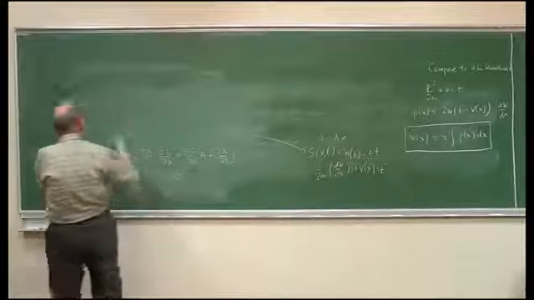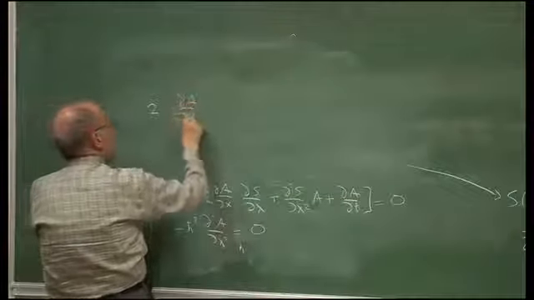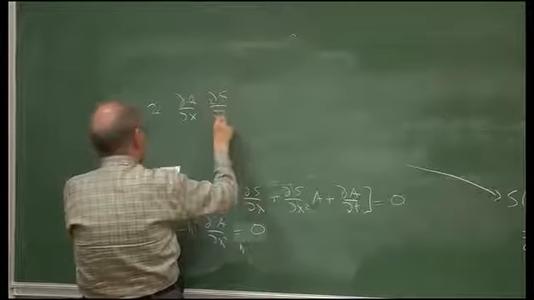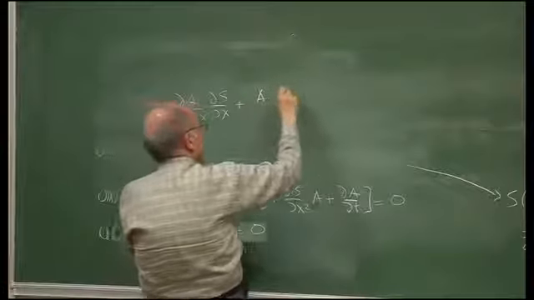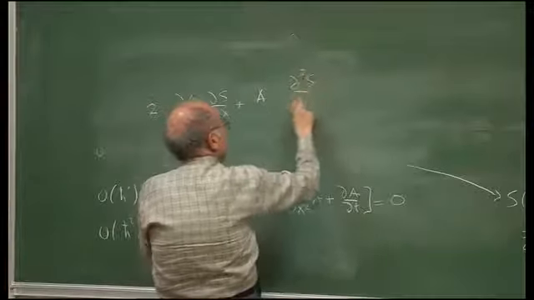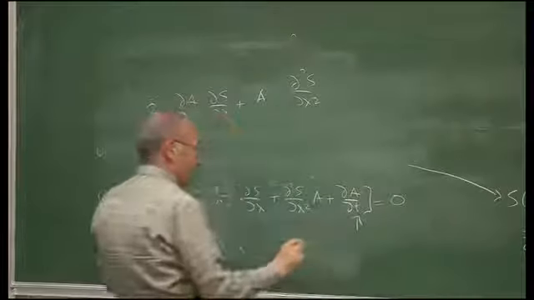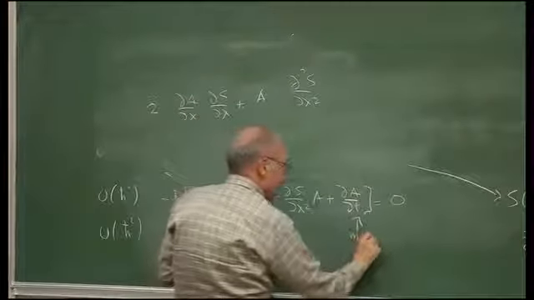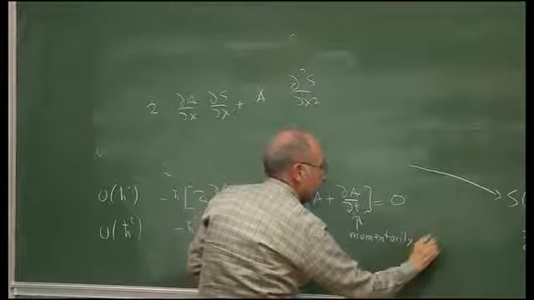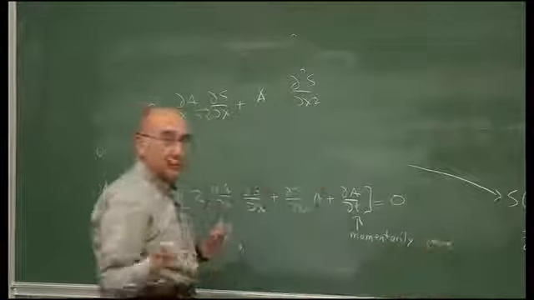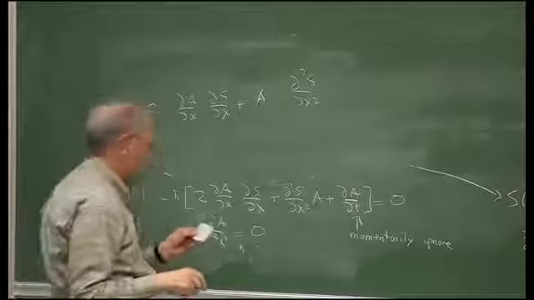I'll write this as 2 dA by dx, dS by dx, plus A times d squared S by dx squared. And momentarily, I will ignore this, with a justification for it coming later.